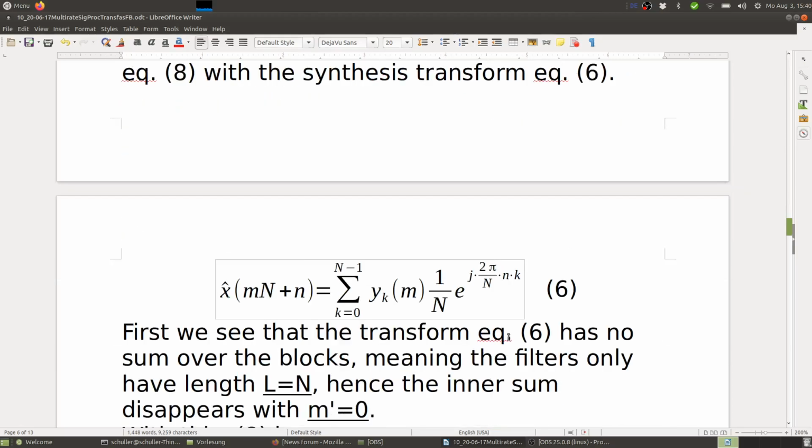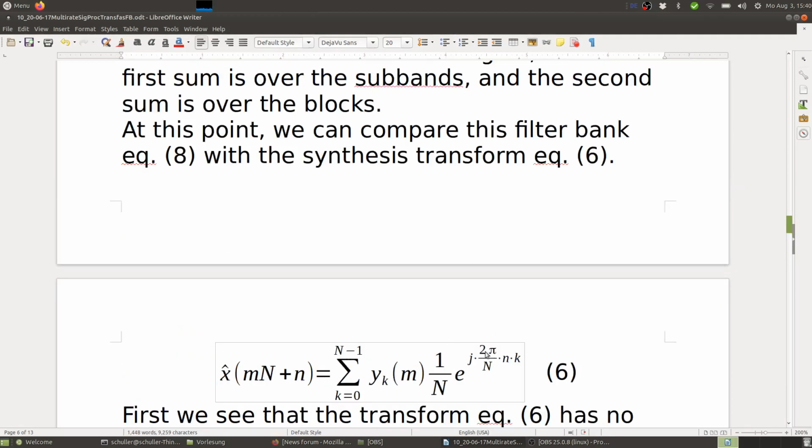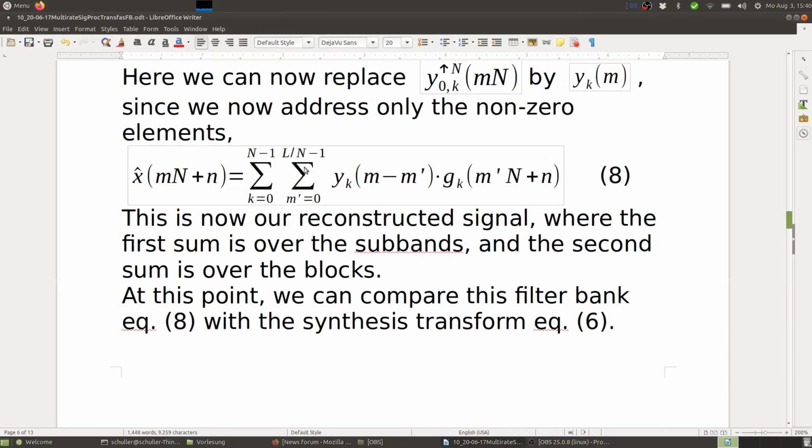At this point we can compare this filter bank equation number 8 with the synthesis transform matrix equation number 6. So here I repeated this equation number 6 so that you can more easily see it. And you can see here we only have a sum going over the subbands k, but no outer sum, or no sum over m prime. Right? So this was the sum going over the number of blocks in our impulse response g_k.